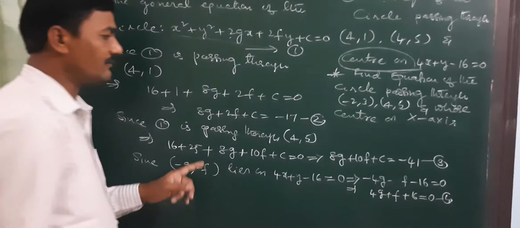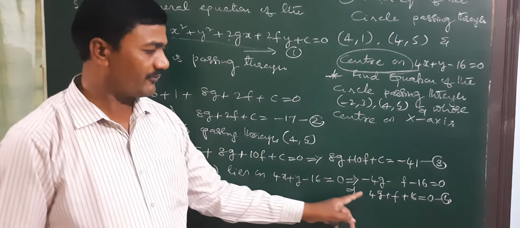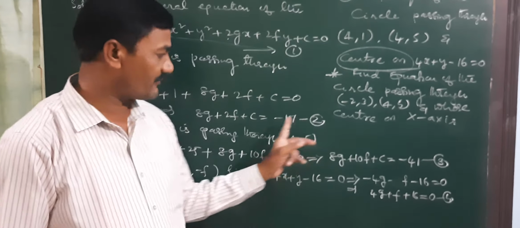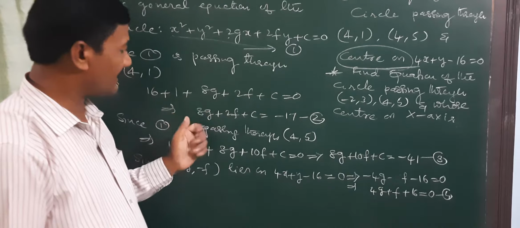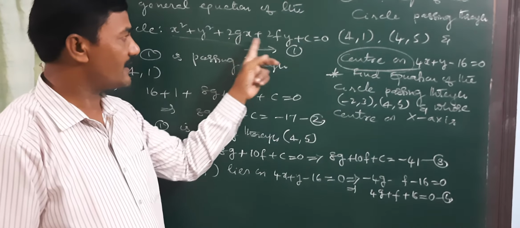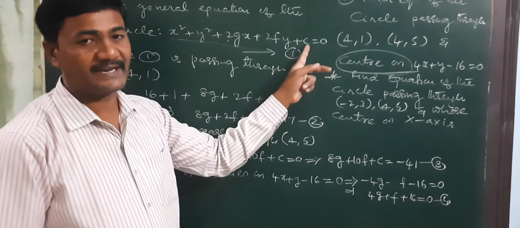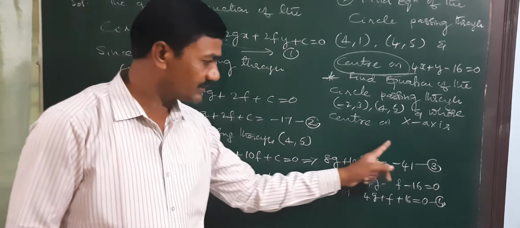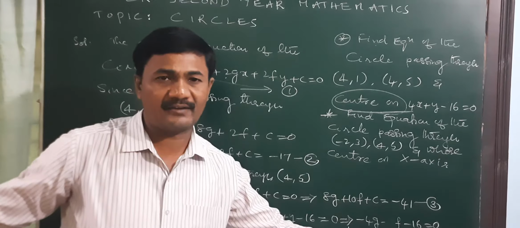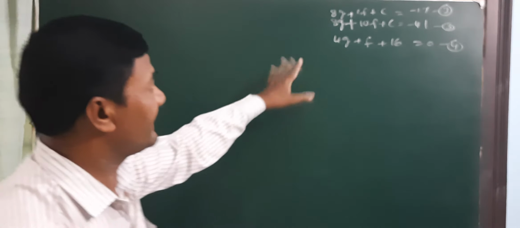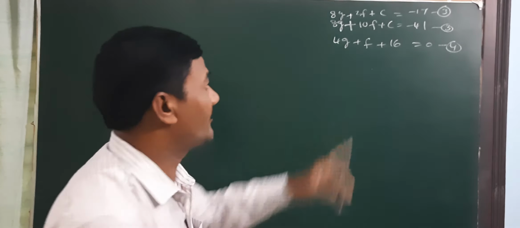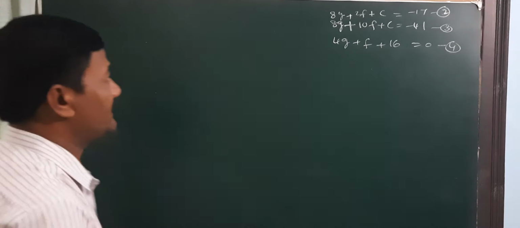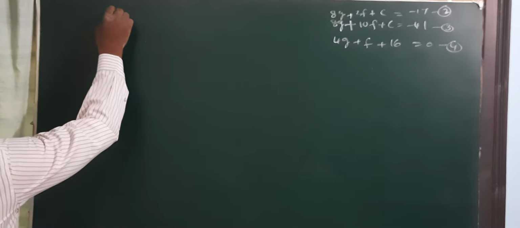So we can solve equations 2, 3 and 4. Ultimately we are getting f, g and c. Our target is to find g, f and c by using equations 2, 3 and 4. First solve 2 and 3.